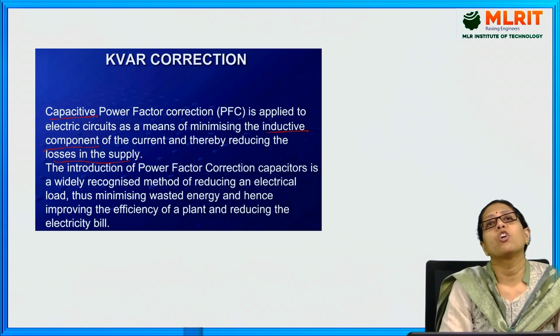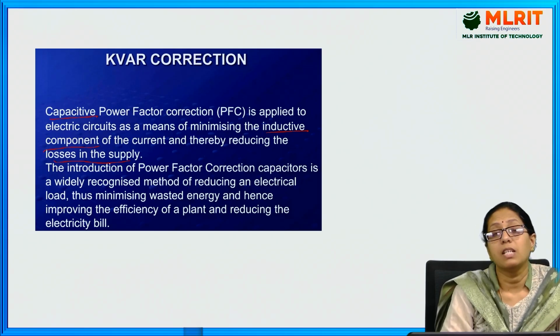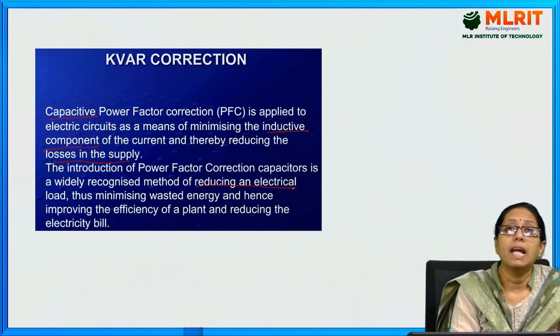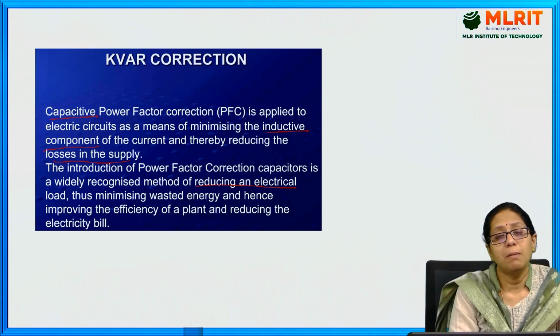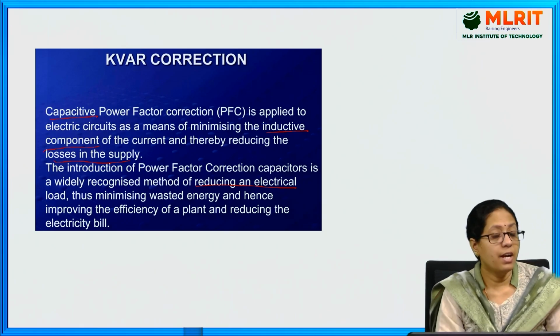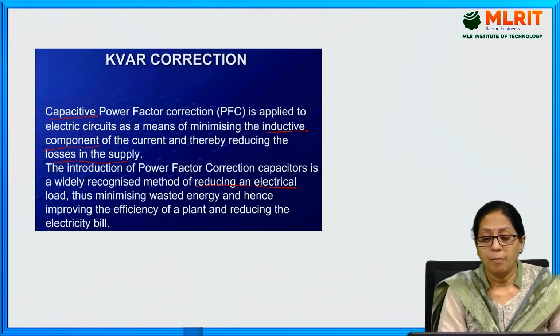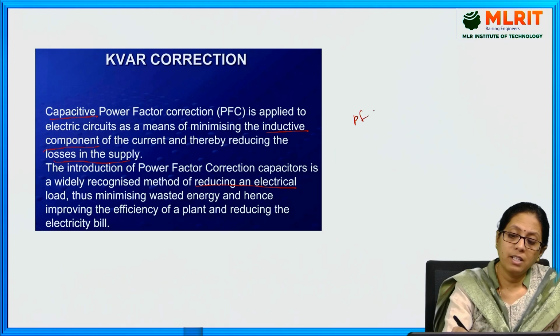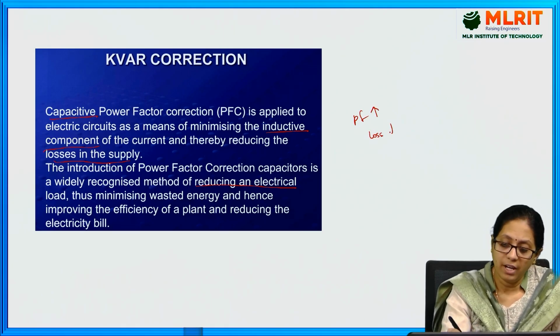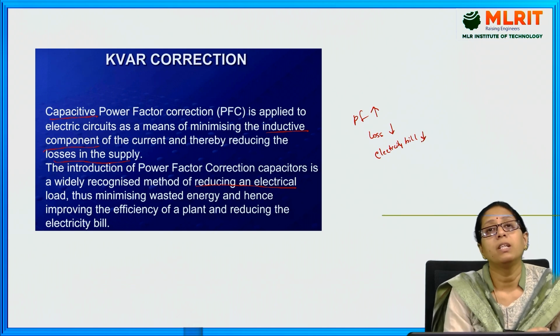The introduction of power factor correction capacitors is a widely recognized method of reducing the electrical load, minimizing wasted energy, improving the efficiency of a plant and reducing the electricity bill. That means if the power factor is improved, the losses are reduced and the electricity bill is also reduced.